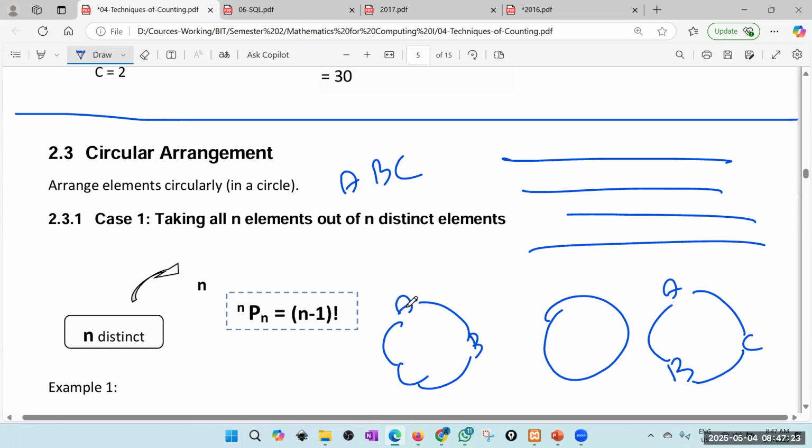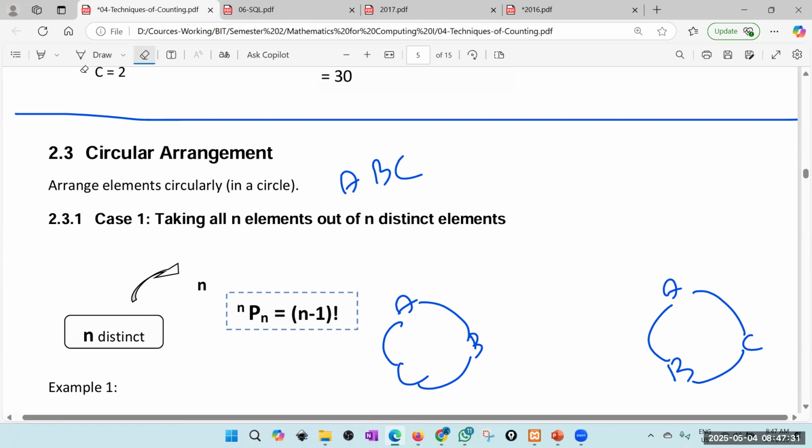Now you can see this is A, B, C. This is A, C, B. It's a different thing. Do you have any other arrangement? Sometimes you might feel like maybe there are other arrangements. Just arrange and see. Maybe you will feel like, okay, what about CBA? Is it a different arrangement?